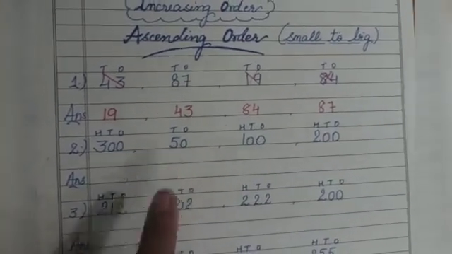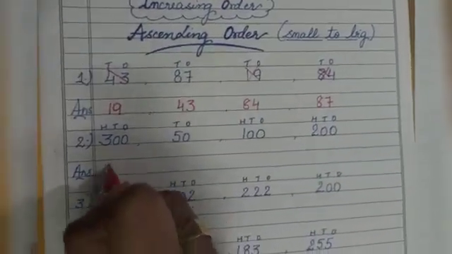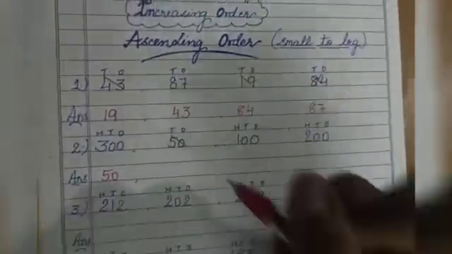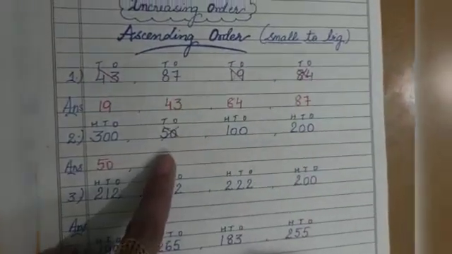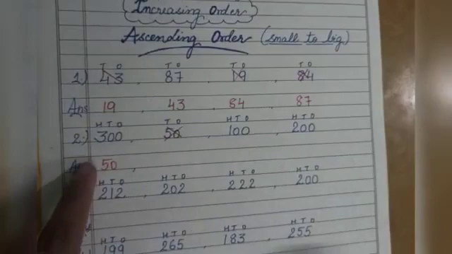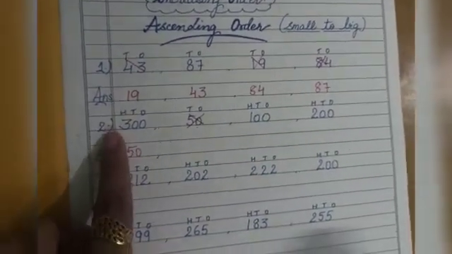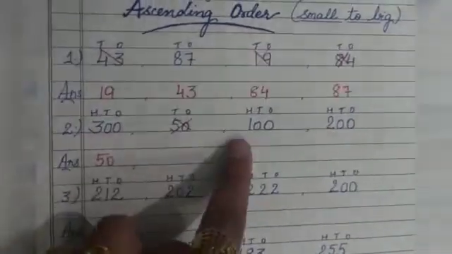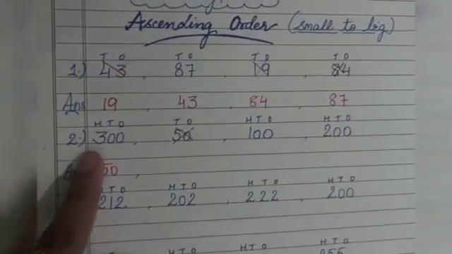So you will simply write this one first, that is 50, and make sure you cut it. Then we are left with these 3 options. So we will see the hundreds place, since these are 3-digit numbers.